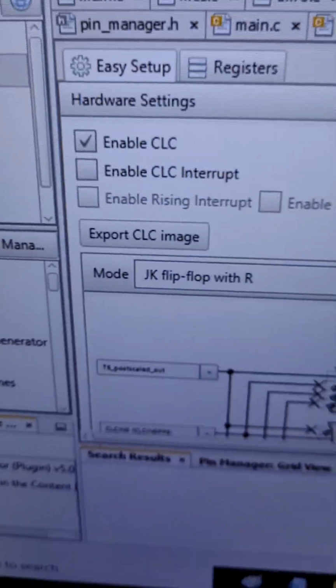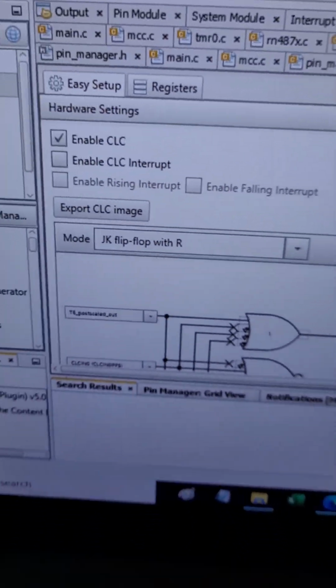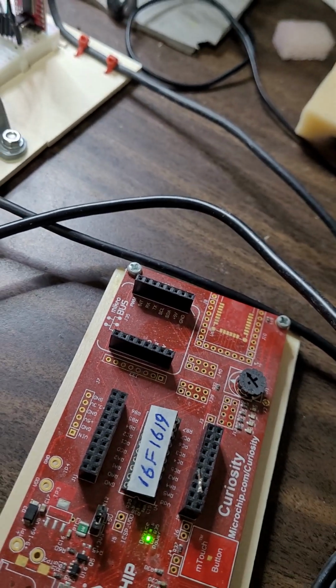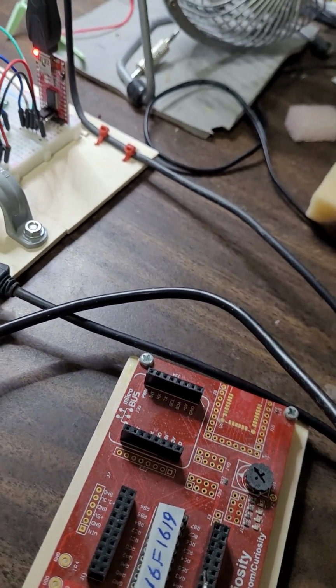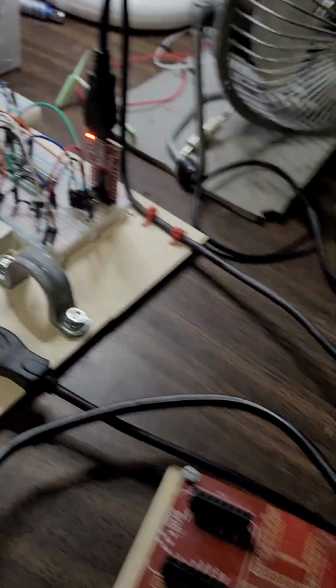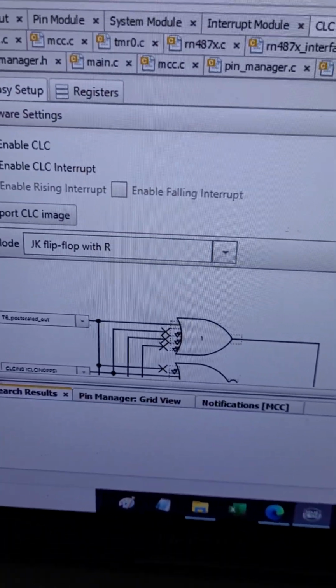And why do we sometimes need hardware-based logic cells within the microcontroller? Mainly for speed, because certain applications are speed hungry. They want very fast processing.